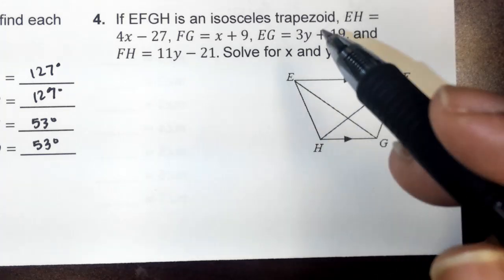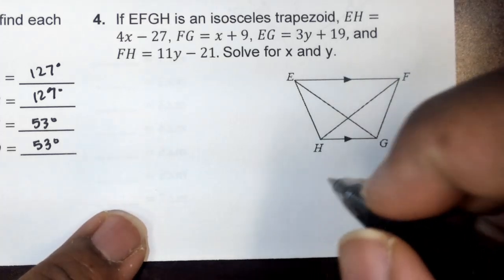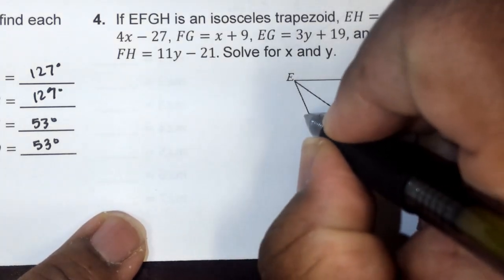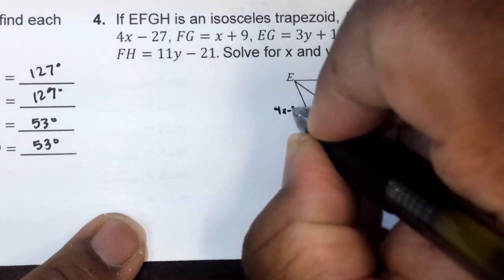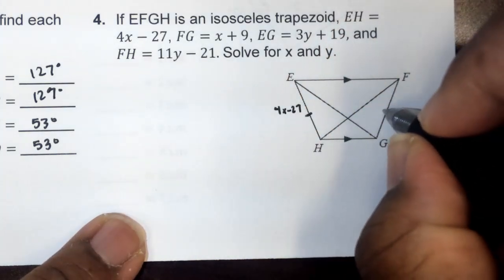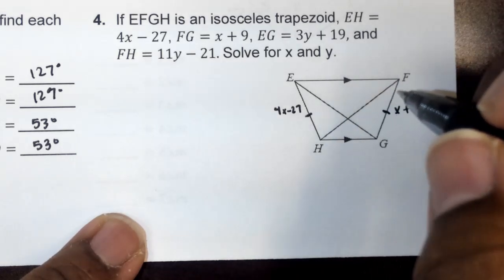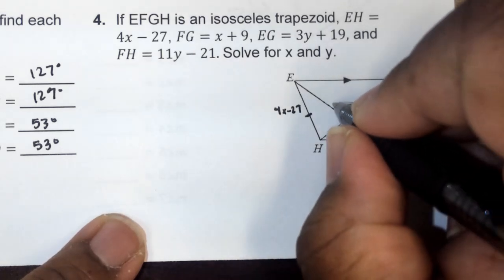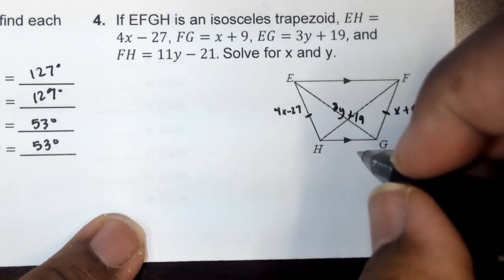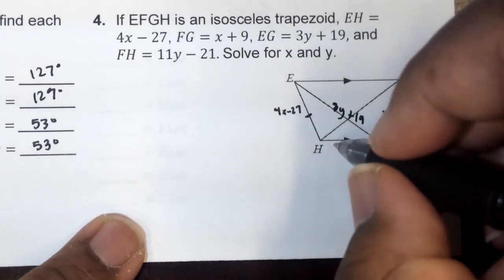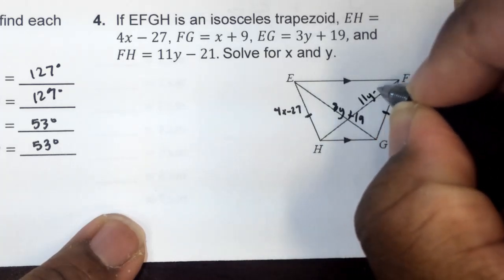EG is 3y plus 19. And then FH, I'll write it up here, 11y minus 21. I'm saying all that, I might as well label as I go.